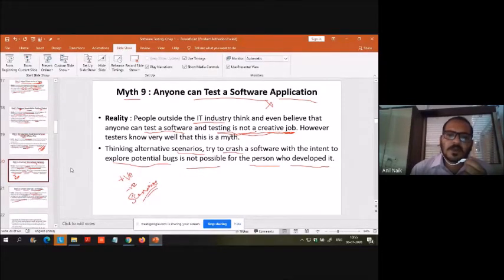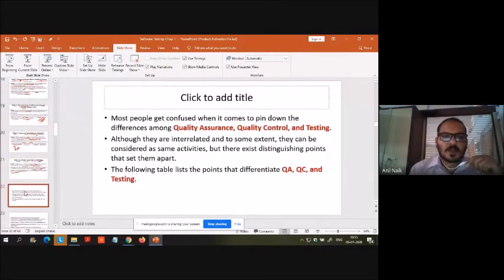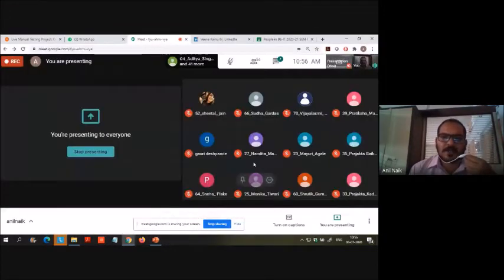That is one of the misconceptions. And a tester's only task is to find the bugs, but some are domain experts, so they will find and fix the bugs. So these are some of the misconceptions that we discussed in the last class.